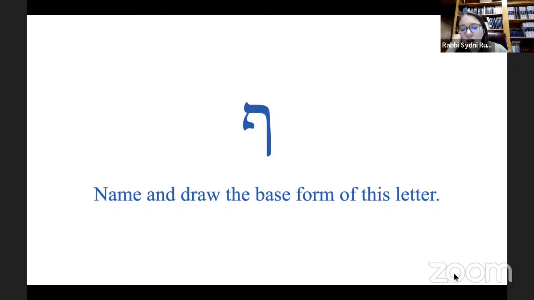And can you draw the base form of this letter? Beautiful. So that's the Sofit form. That was a beautiful Fey Sofit. Can you draw what it would look like if it was in the middle of a word? I can't remember how. Okay.